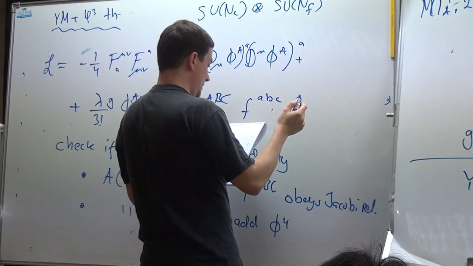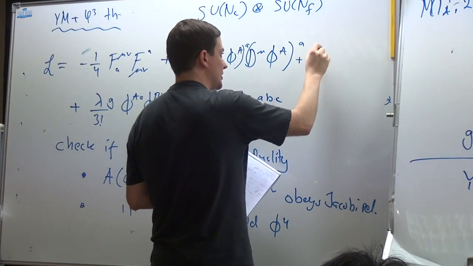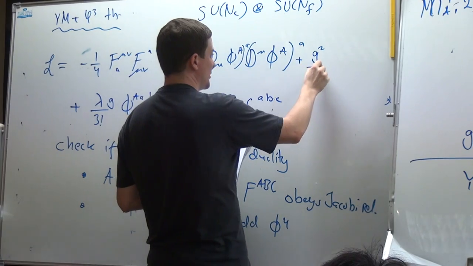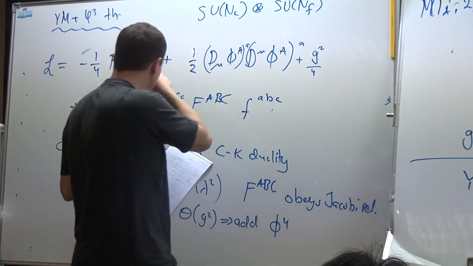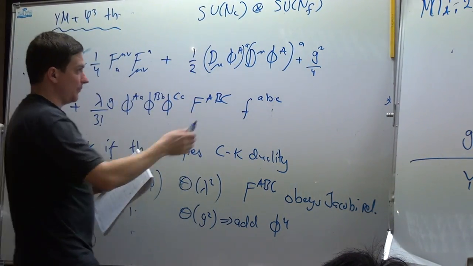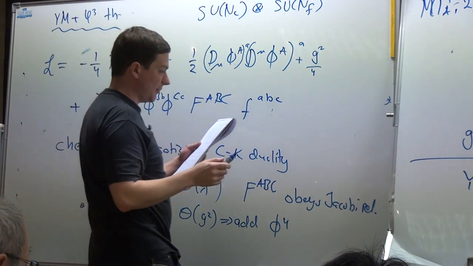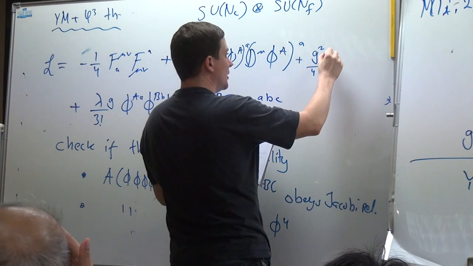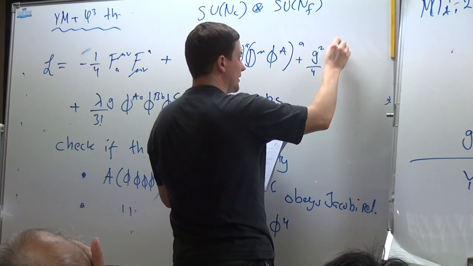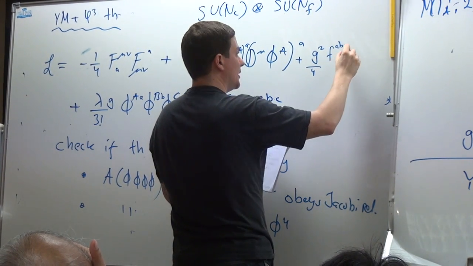So the correct term is essentially this. It's going to be proportional to the gauge coupling, because if you set this coupling to 0, that's the only coupling in the problem, so that has to be the one. And then it's just f^{ABC} f, and let me write the scalars down here.